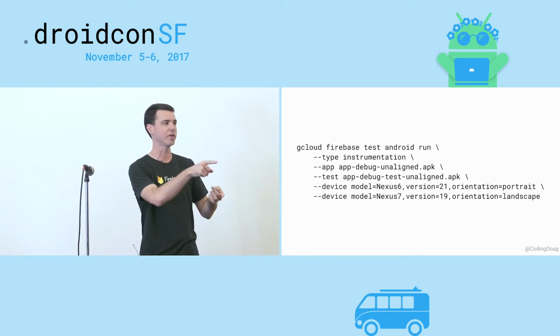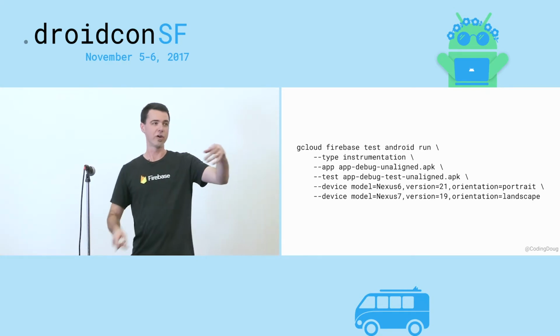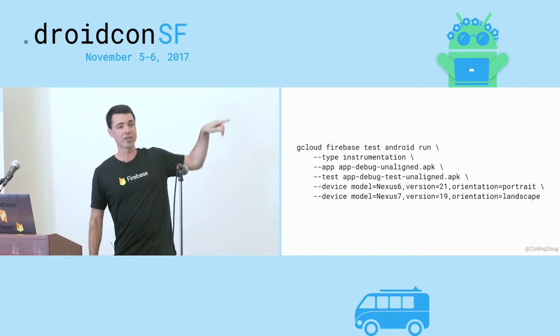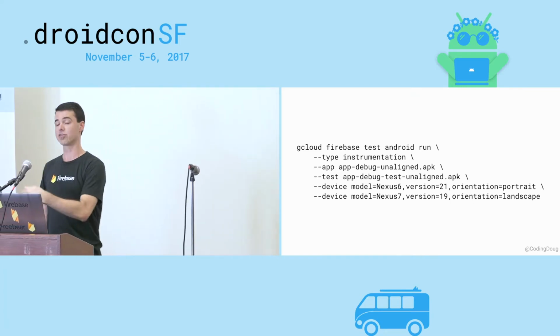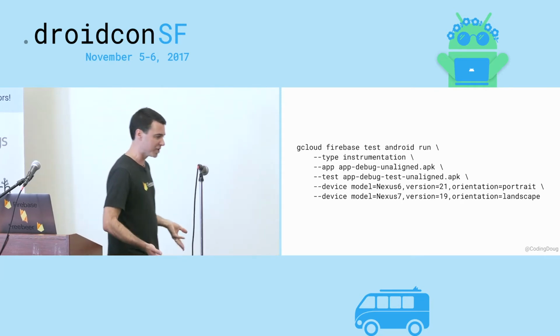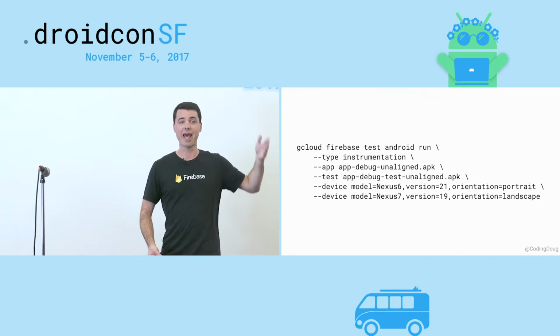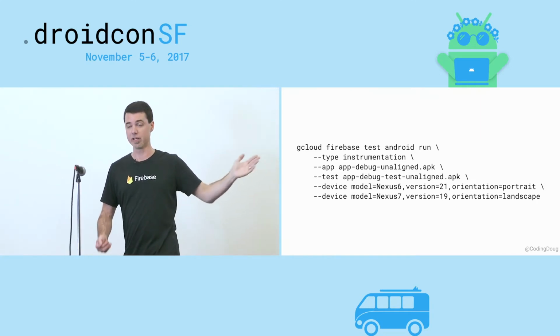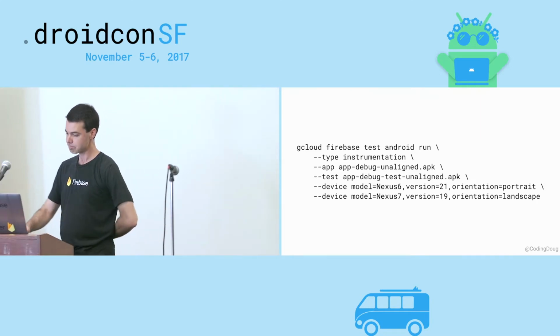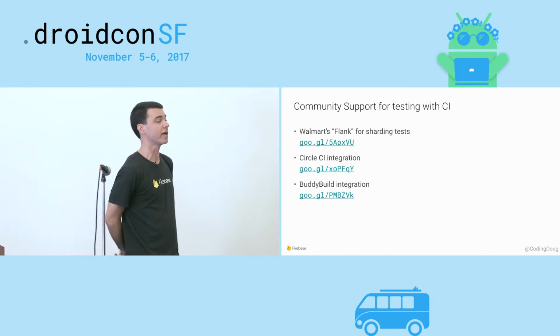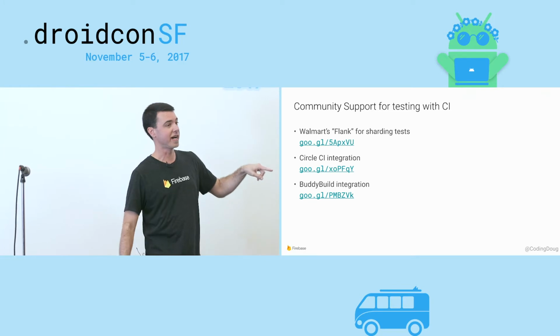Does anyone use CI tools? Okay, good. If you're building your app on a CI server, you definitely want to use the command line to kick off tests at the end. In theory, every time your CI server builds, maybe every night, maybe with every commit, you could run a series of tests and have that potentially fail the build if there's a test that's failing. We have a pretty robust community of people working with Firebase Test Lab in their CI environment.